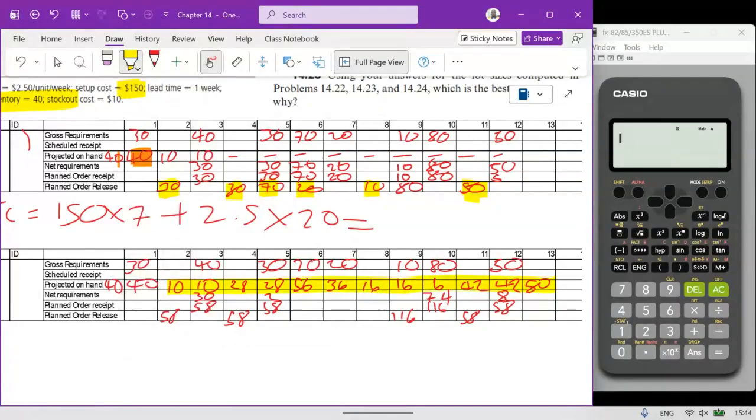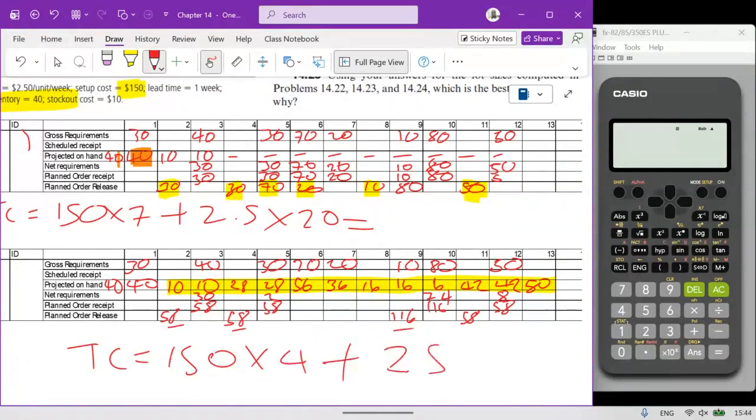And then that's going to be your TC. It's equal to your 150 multiplied by 4, plus your 2.5, plus.